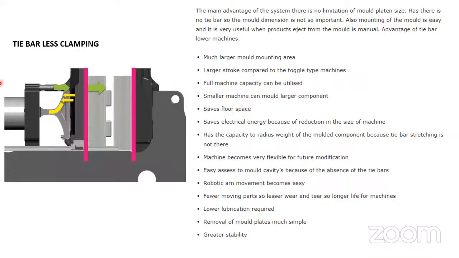Saves floor space, it does not need much space. Saves electrical energy because of the reduction in the size of the machine. Has the capacity to reduce the weight of the molded component because toggle stretching is not there. The machine becomes very flexible for future modification.